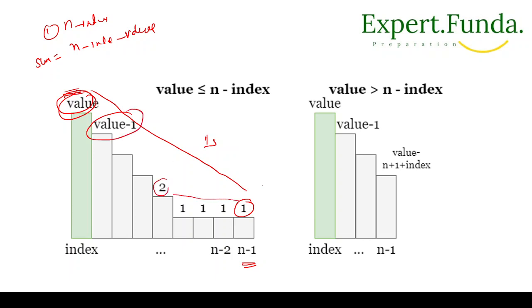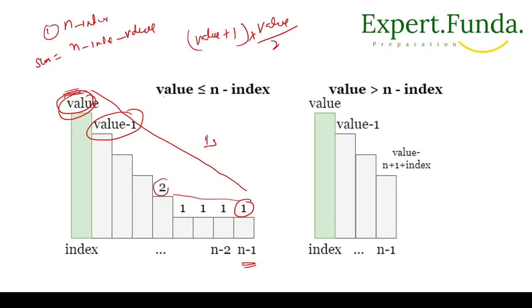So if we do the calculation and take the sum, this will become value plus 1, into value, divided by 2, because this is the thing we have.